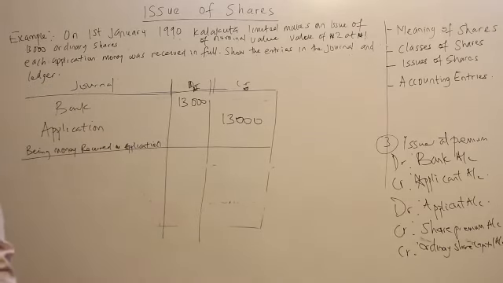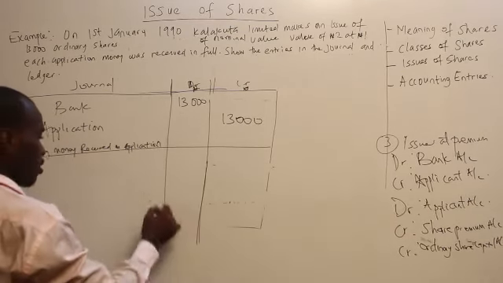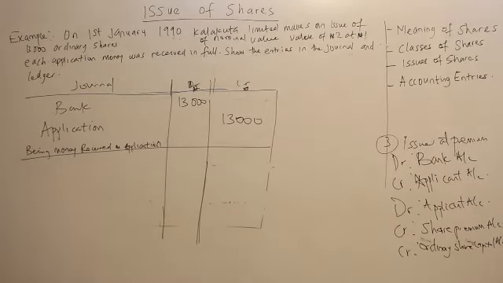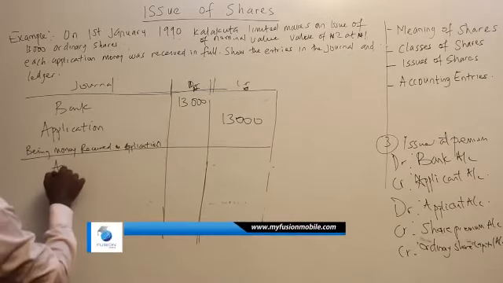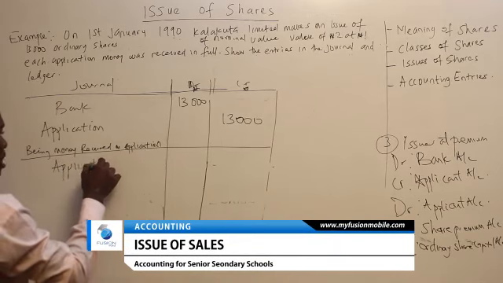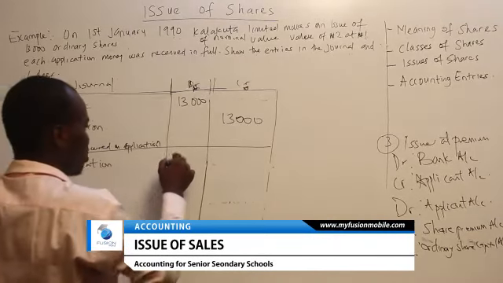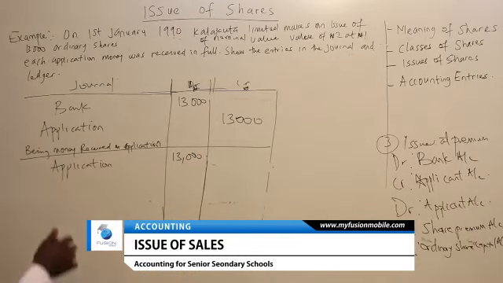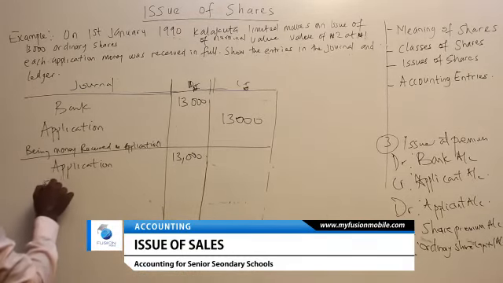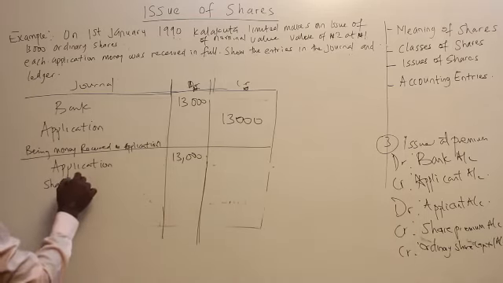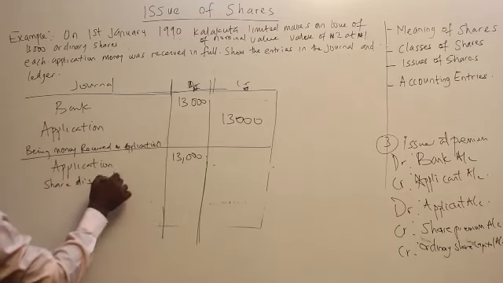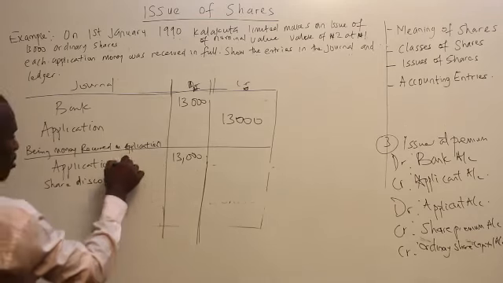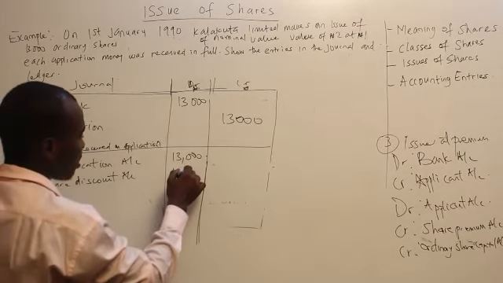The next one is when the shares are allotted to the shareholders. What is the double entry when the shares are allotted? If the shares are allotted to the shareholder, we are going to debit application account with 13,000 naira, and debit share discount account. We're going to have another account now, a discount account, which is going to be 13,000 naira.